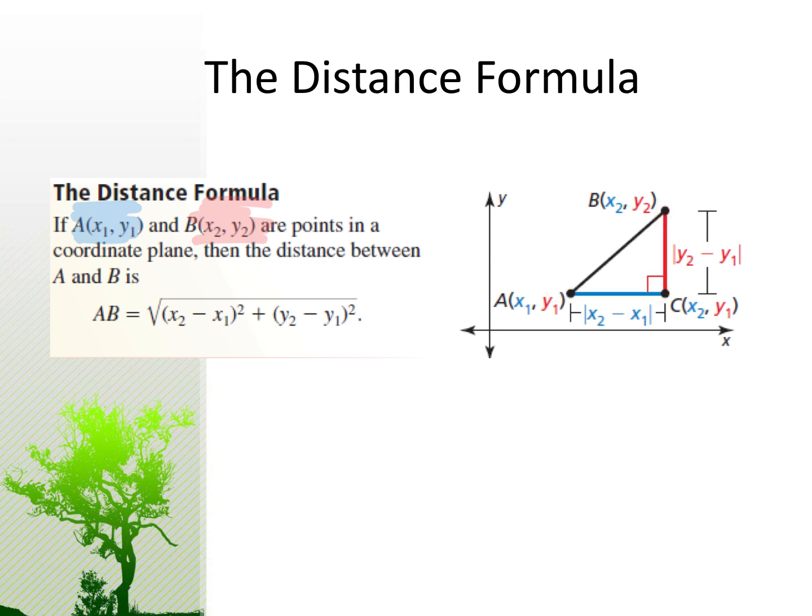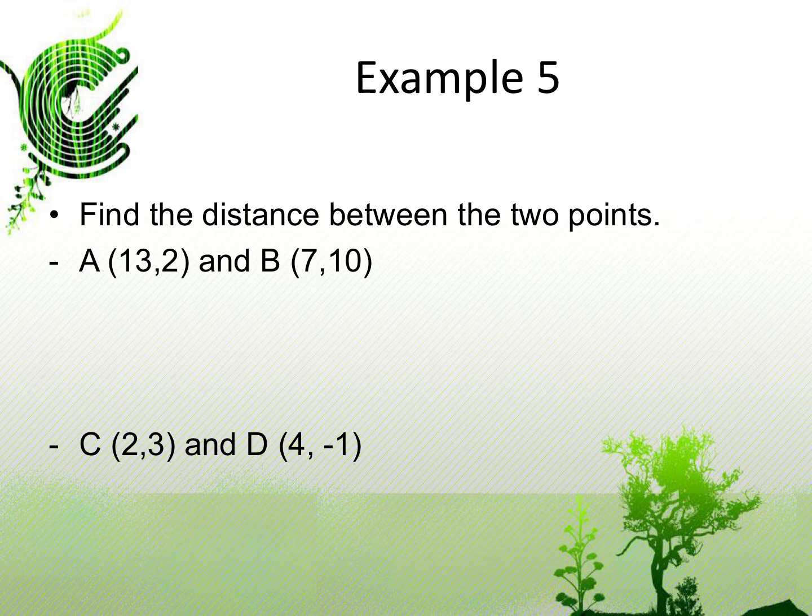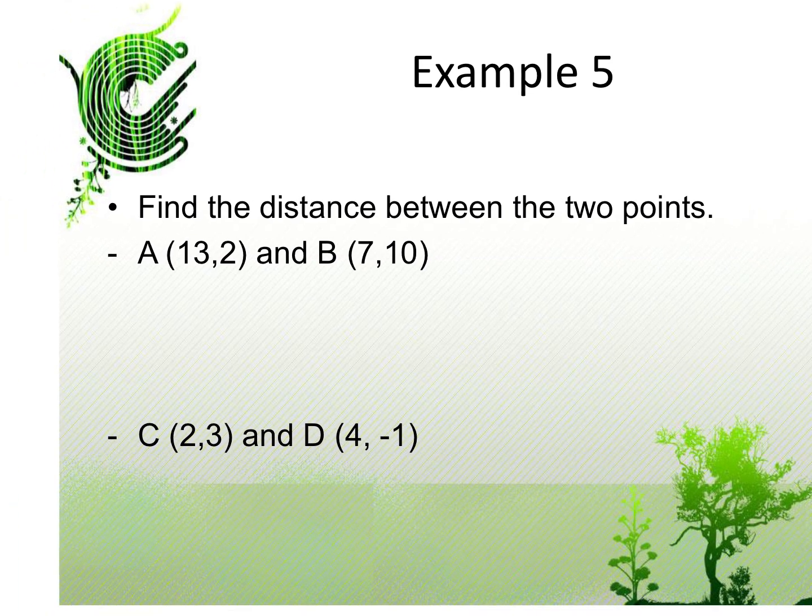However, when it's diagonal, like this line here, you can't count the boxes. You have to use the formula. So let's try it. For the first one, again, this is how I will present the question on the quiz. I am going to give you 2 ordered pairs, and all you're going to do is take those 2 points and plug them into the formula.